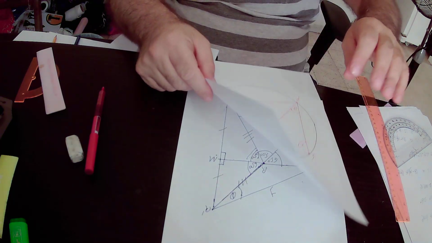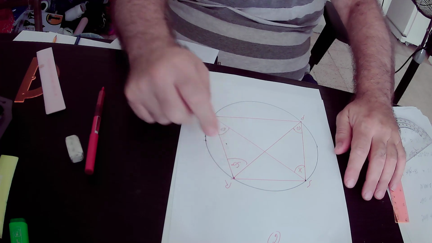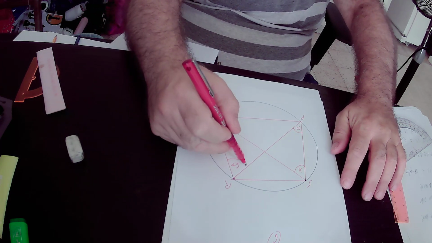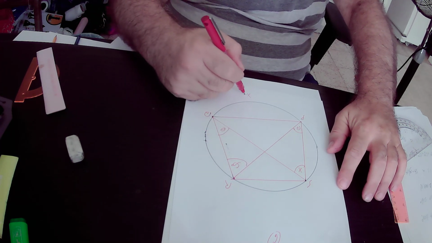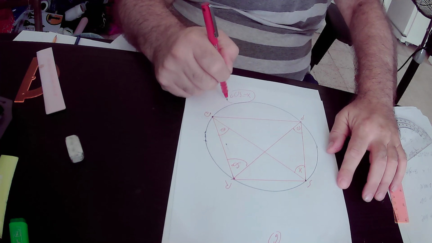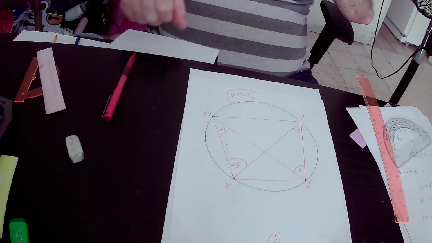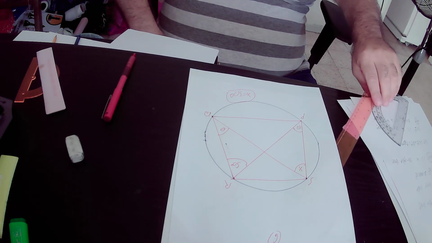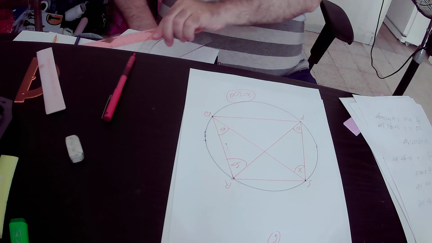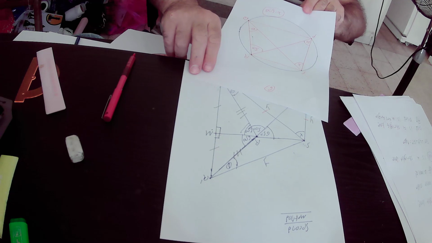Therefore the size of X is exactly 50 degrees, or X equals 50 degrees. Okay, so we found out that X equals 50 degrees. Okay, so now I'll summarize the lecture.